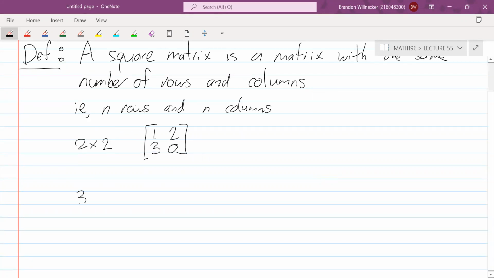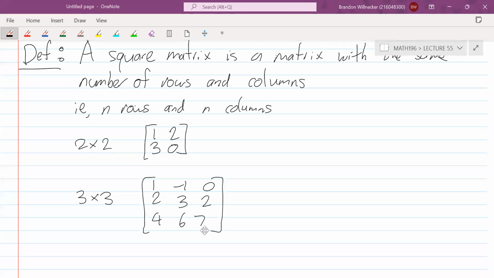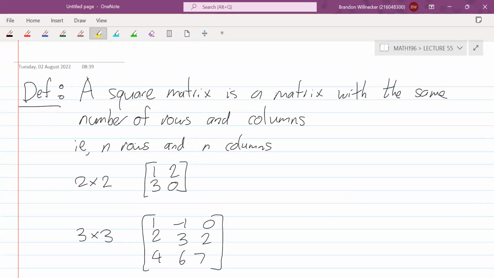Another example would be a 3 by 3. This can be 1, minus 1, 0, 2, 3, 2, 4, 6, 7. Again, it makes a square shape because the number of rows and number of columns are the same. So that is a square matrix.